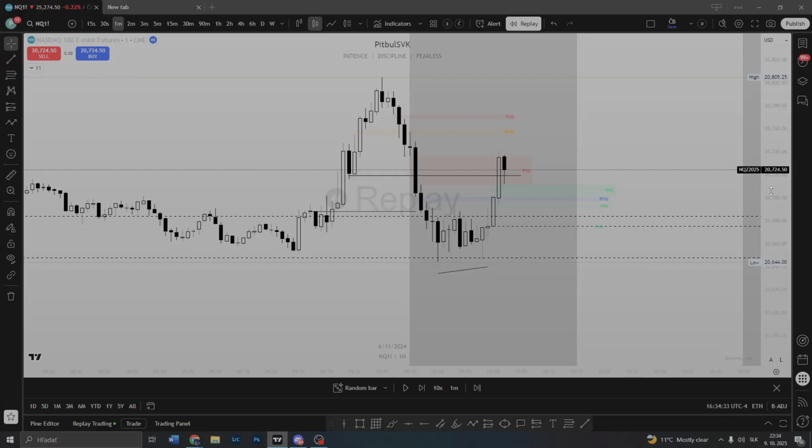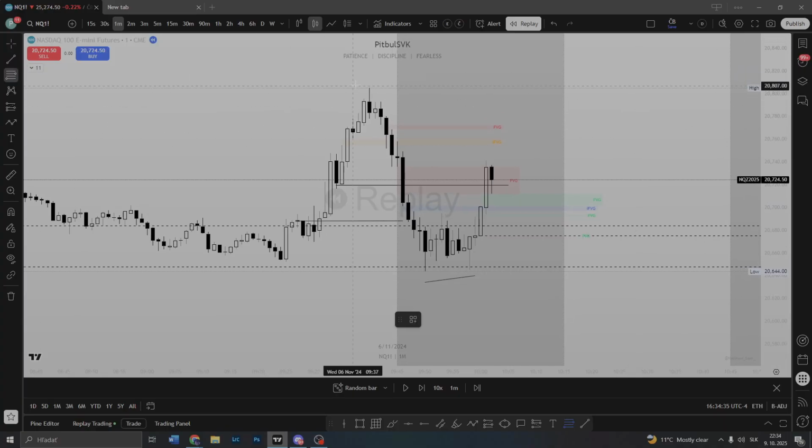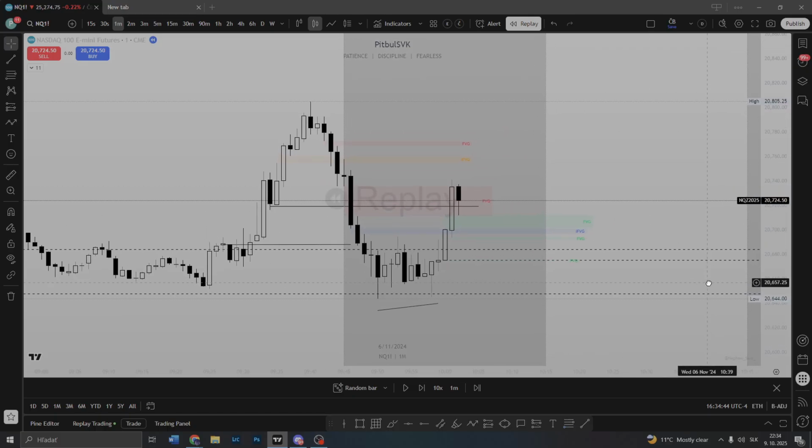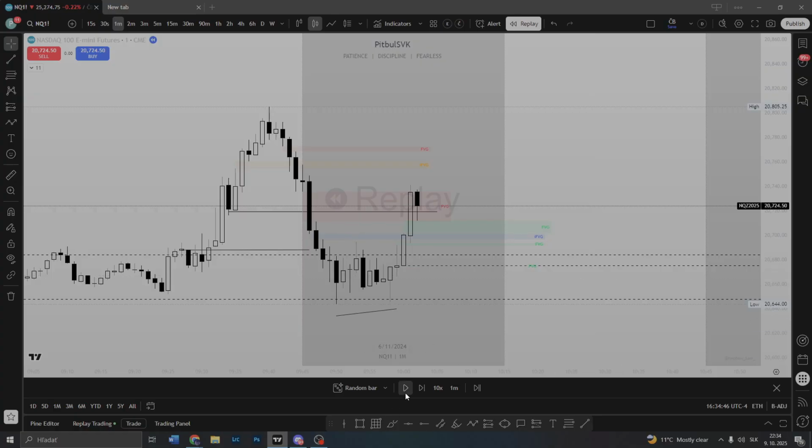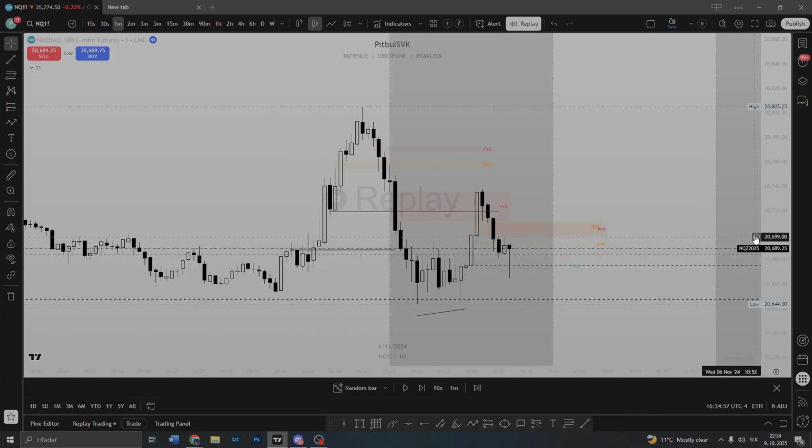Okay, so we now should be maybe in the OTE of the region even, from the high to the low. No, it's EQ. Okay. Alright, so now what's going on?